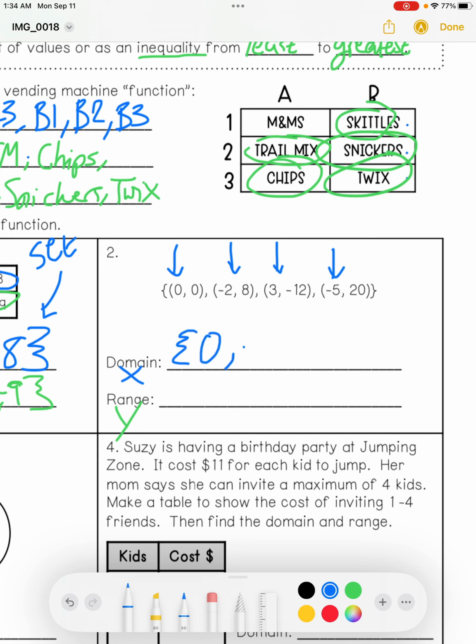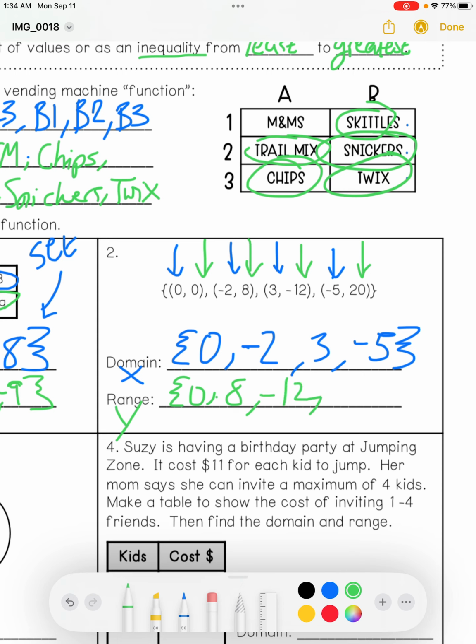I have 0, -2, 3, -5. There you go. Now we go to the y's. I have 0. I have 8. I have -12, and I have 20. So I say 0, 8, -12, and 20. And we're done. Simple as that.